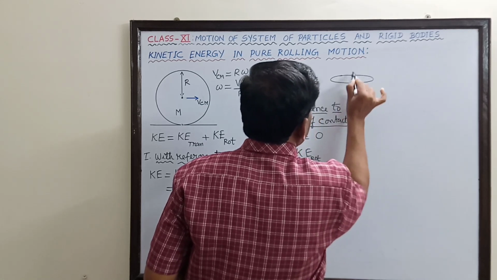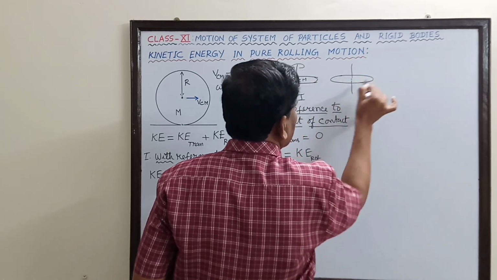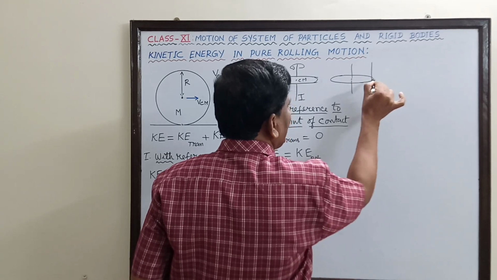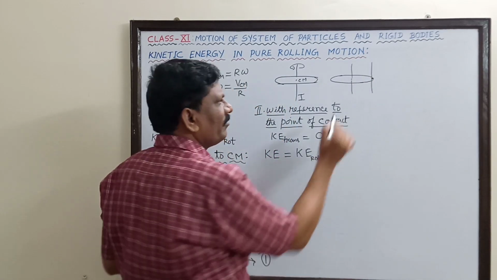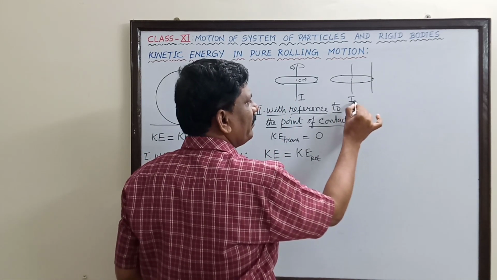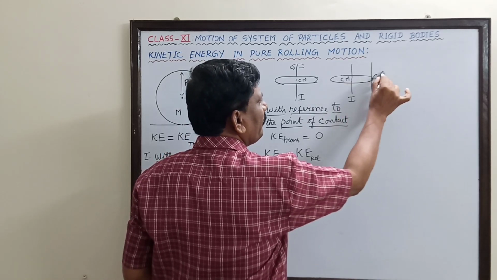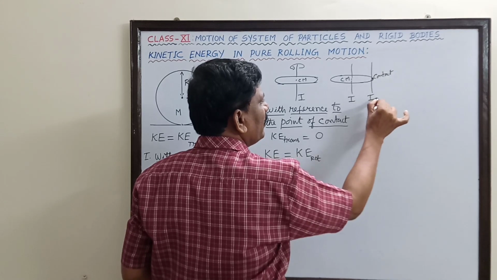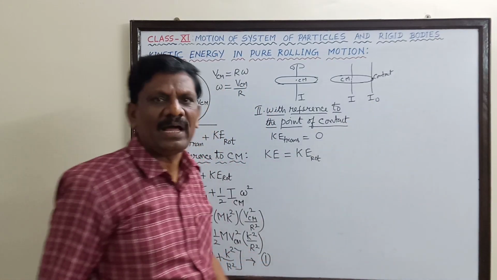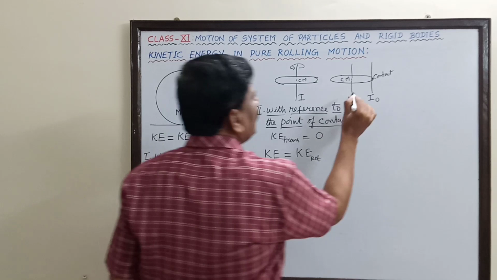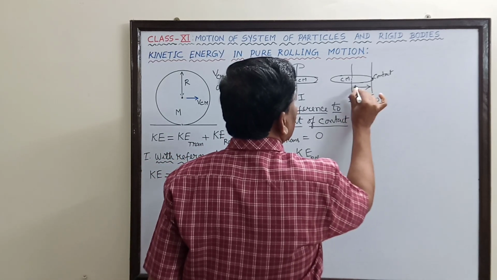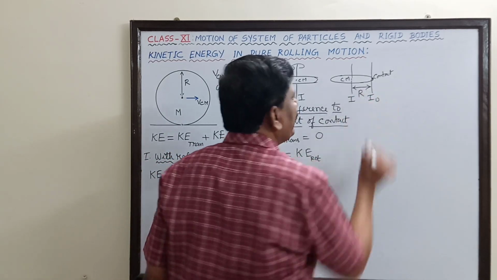This is the axis passing through the center, and now we are referring to this axis passing through the point of contact. This is the moment of inertia about the center of mass, and this is the point of contact. Here the moment of inertia is taking a new symbol I0. And the distance between these two axes is equal to the radius of the circle.